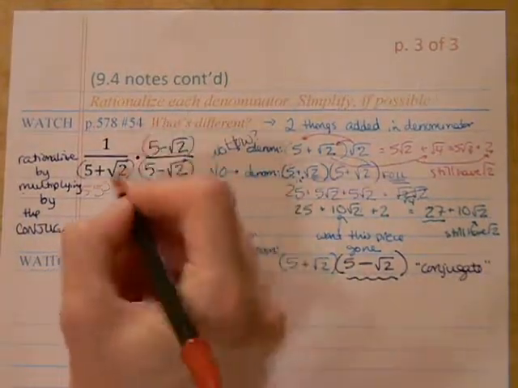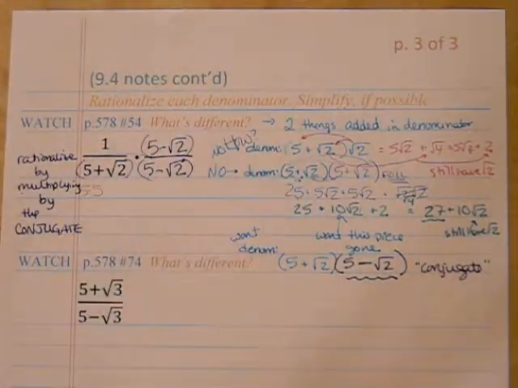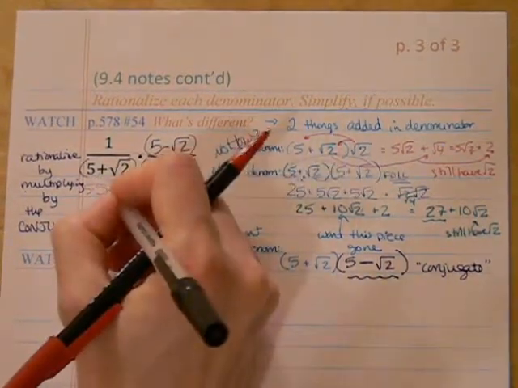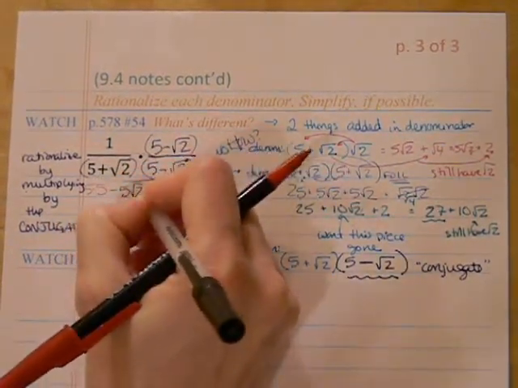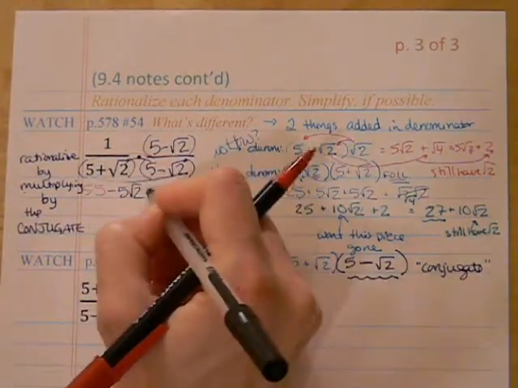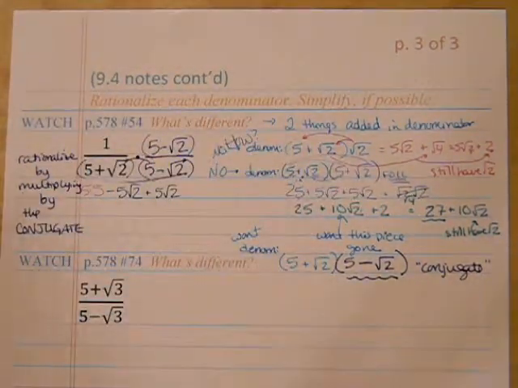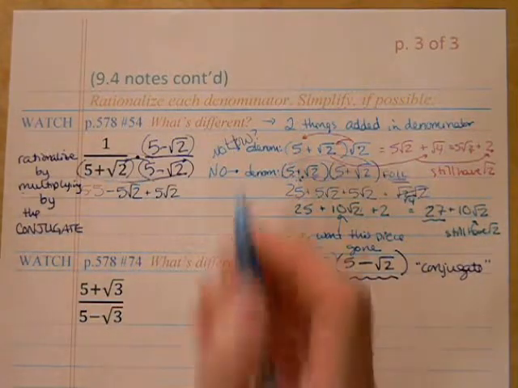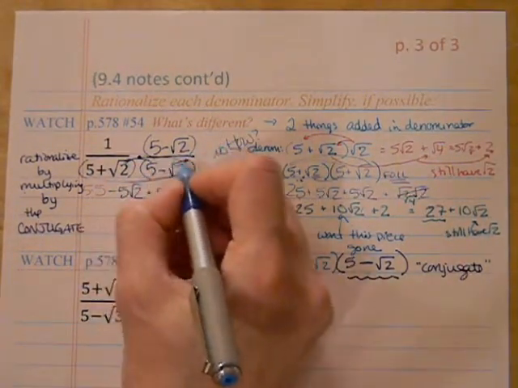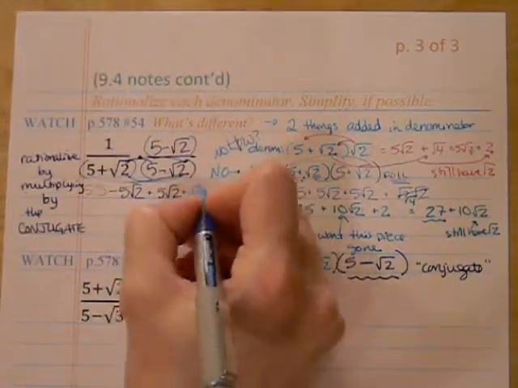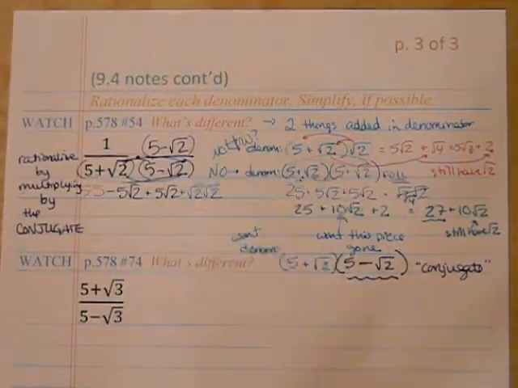You get the outside times outside, which is going to be a minus 5 radical 2. You get your inside times inside. There's your plus 5 radical 2. And you also get your last times last, which is your radical 2 times radical 2.